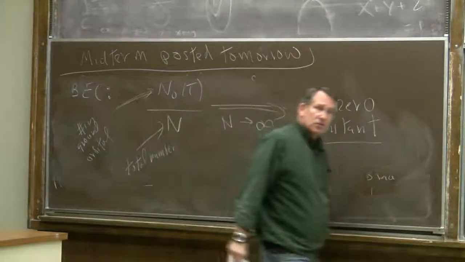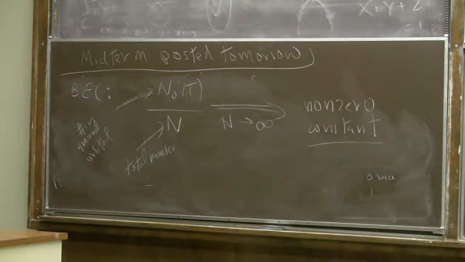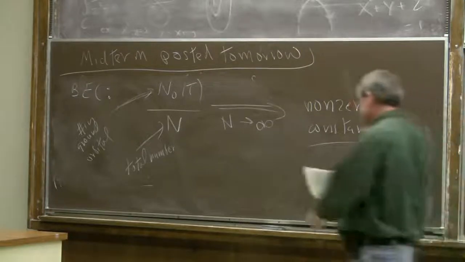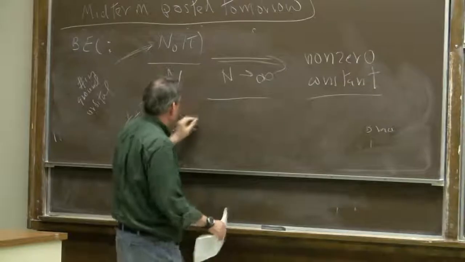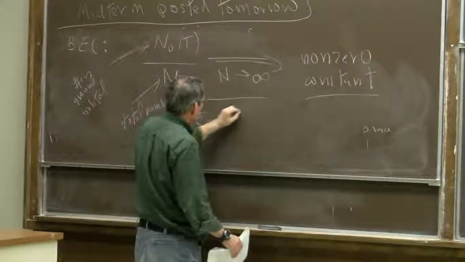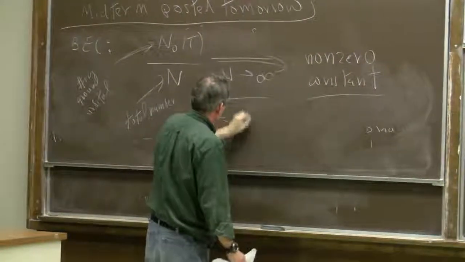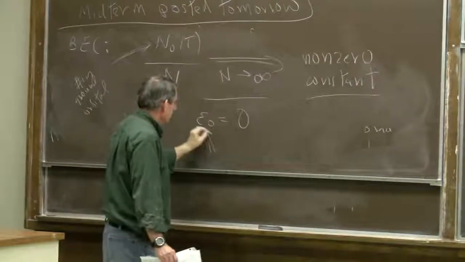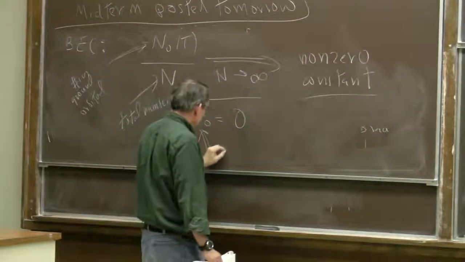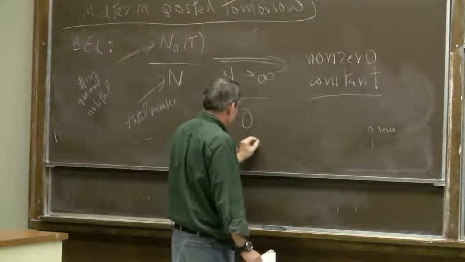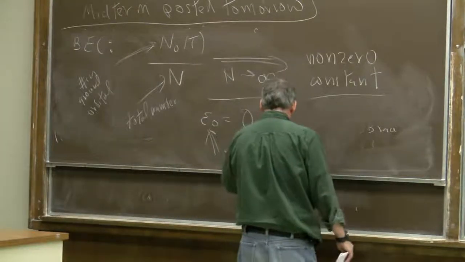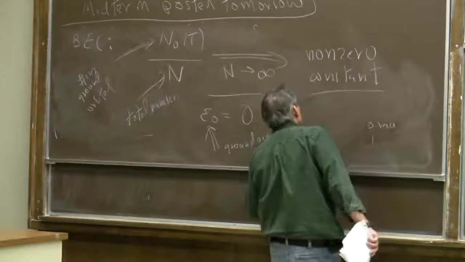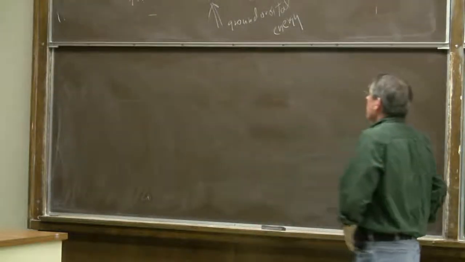So how many particles are in this ground orbital? It's just one orbital. As I said, I'll define the zero of energy so that the energy of the ground orbital is zero. What's the expected number of particles in the ground orbital?